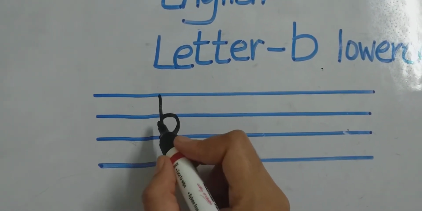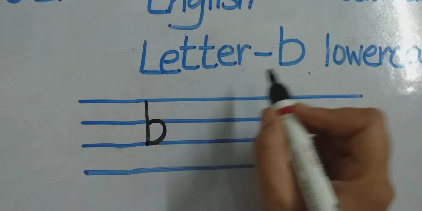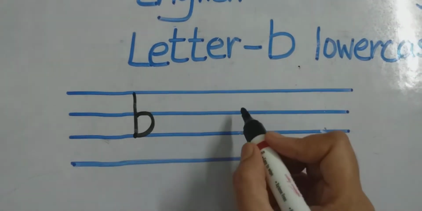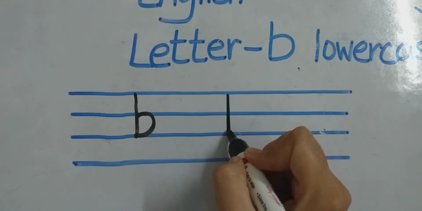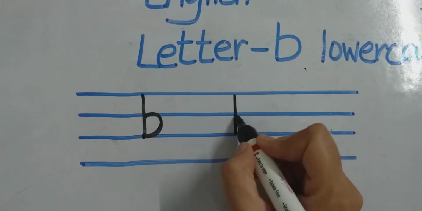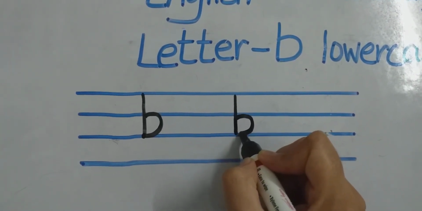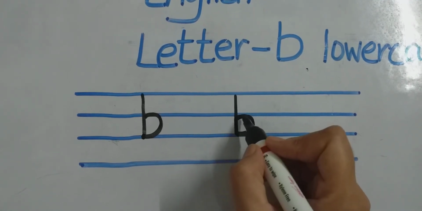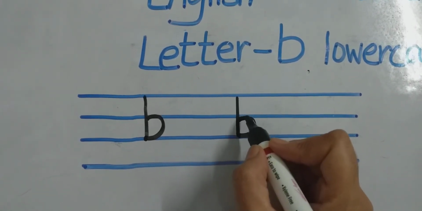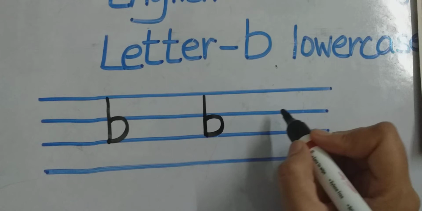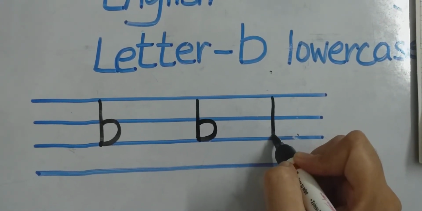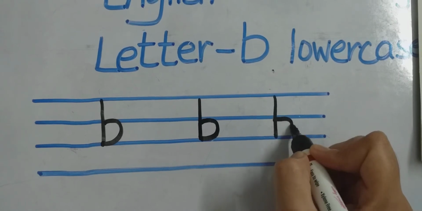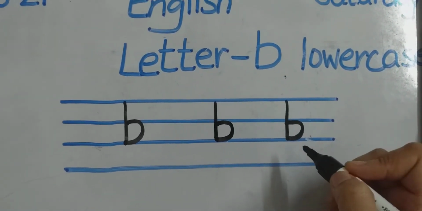So you make letter B in lowercase like this. One more time: a standing line, then a curve. This is a left side curve. Again we make a standing line, then a curve.